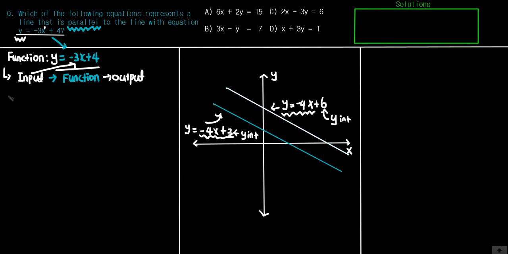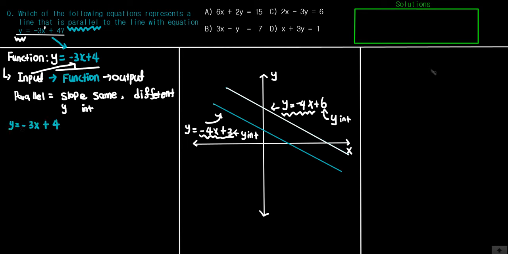So if you write it down, parallel means they have the same slope but different y-intercept.